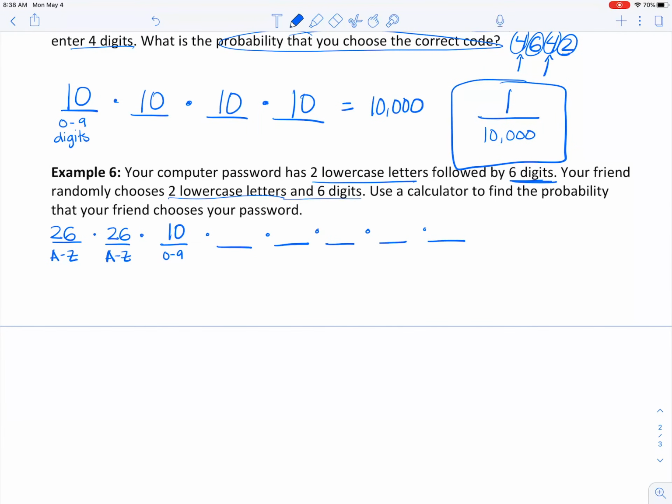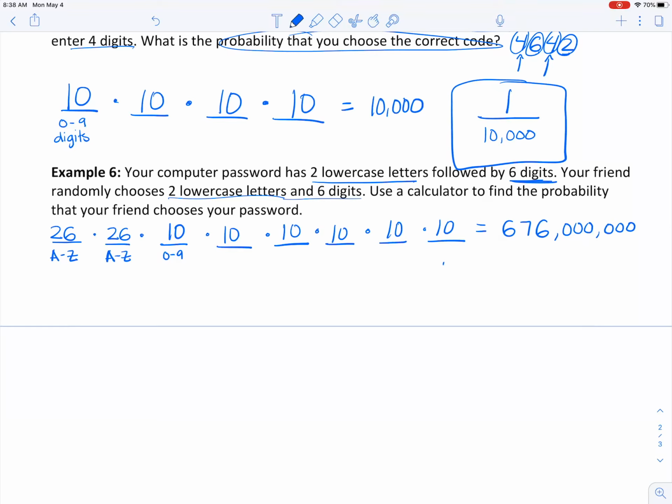And just like our last problem, the number of digits between 0 and 9, there's 10. And again, it doesn't say anything about those numbers not being able to repeat themselves. So if I were to use a calculator to find out this number, it would be 676 million.